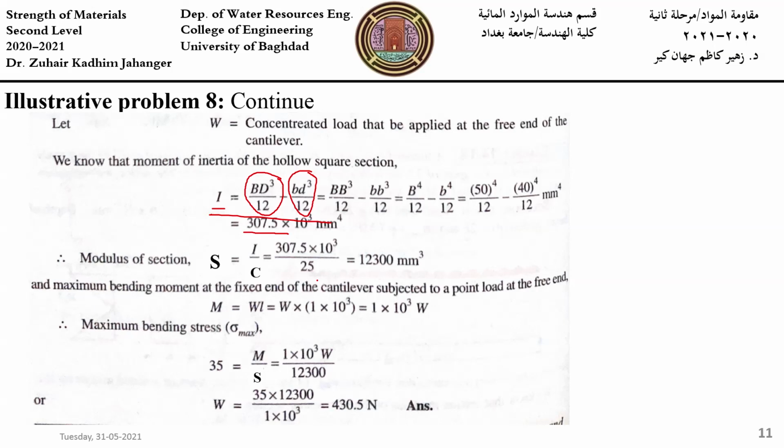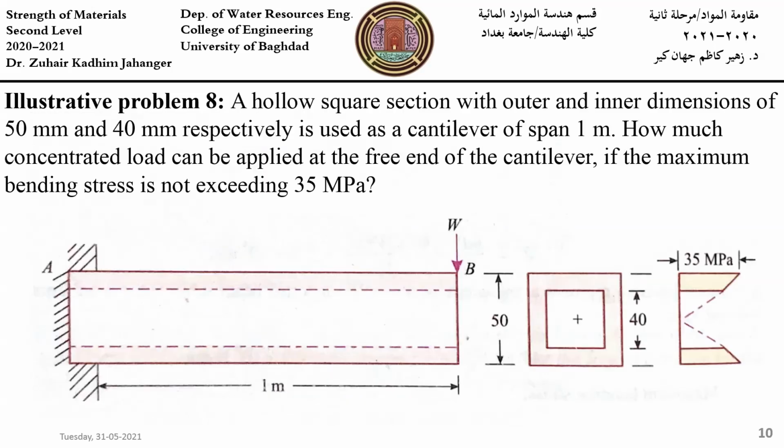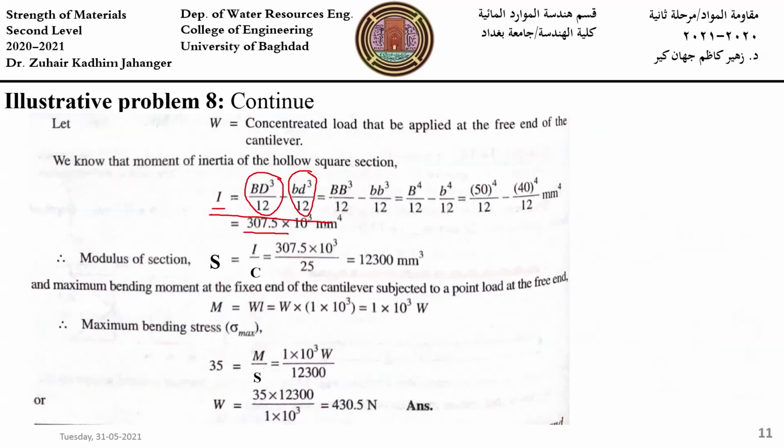Then the maximum bending moment at the fixed end of the cantilever subjected to a point load at the free end, M equals W, the total load, times L, the span of the cantilever, and W times 1 times 10 cubed equals 1000 W. So the maximum bending stress sigma max equals 35, which is given, that the maximum bending stress is not to exceed 35 megapascal.